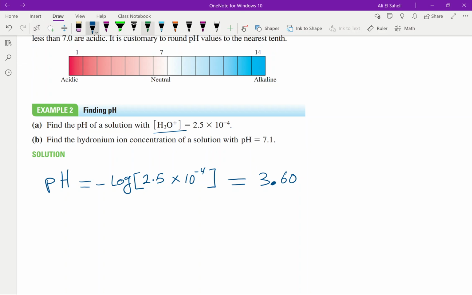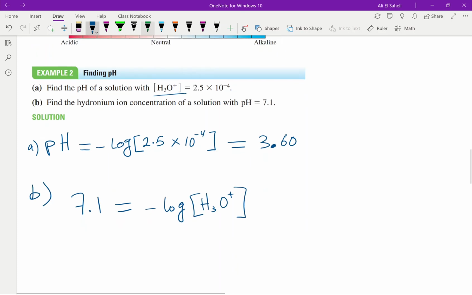So part B, we have 7.1 equals minus log to the base 10 of the hydronium ion concentration per liter. Take the minus to the other side.